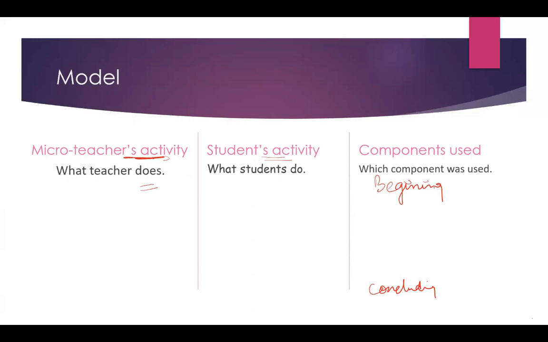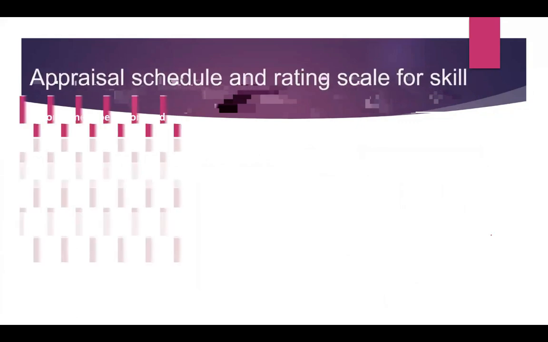So therefore, hence, that is the linking of these statements. Or you can use the testing statement for the students when you are asking the questions, right? So these are the components which we use. And now there is the observation schedule or the rating scale for this skill.